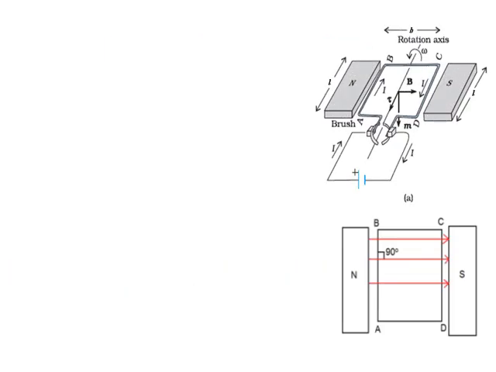We already know that there are collinear forces acting on BC and AD, hence there is no net force acting on those two sides. The only two sides remaining are AB and CD.